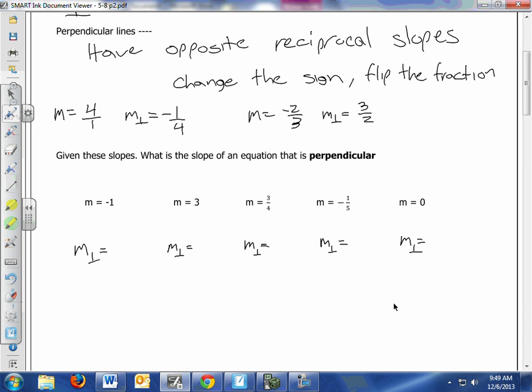That last one's a little tricky, but the others should be all right. The last one is not 0. I'll let you know that right now.